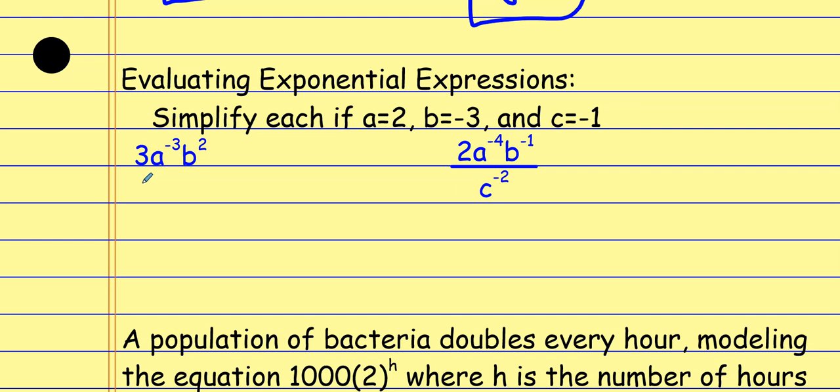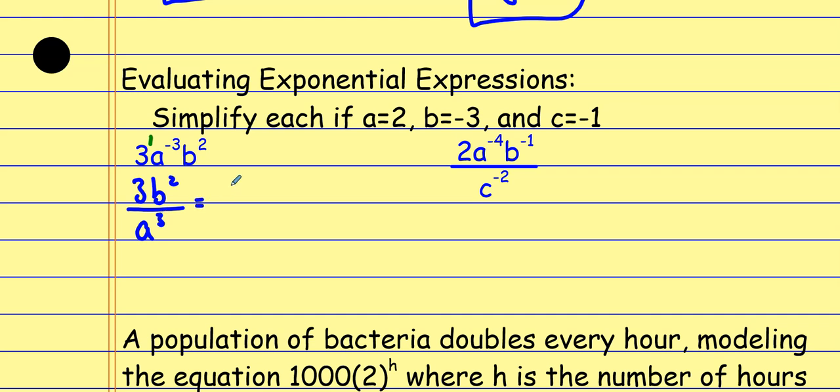So this one, once again, the 3 does not apply to that negative 3 right here. That's 3 to the first. The a is the only thing with the negative exponent. So the 3 and the b squared stay where they are. The a to the third goes in the denominator and I make it positive. The negative exponent causes me to flip to the other side of the fraction bar and it becomes positive.